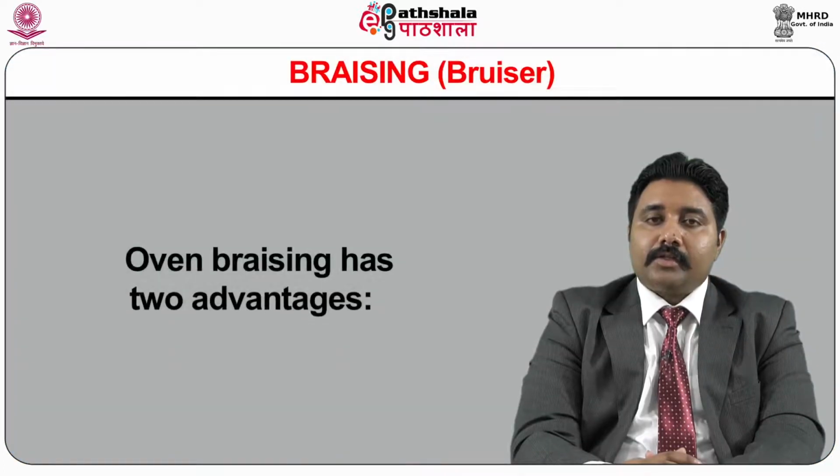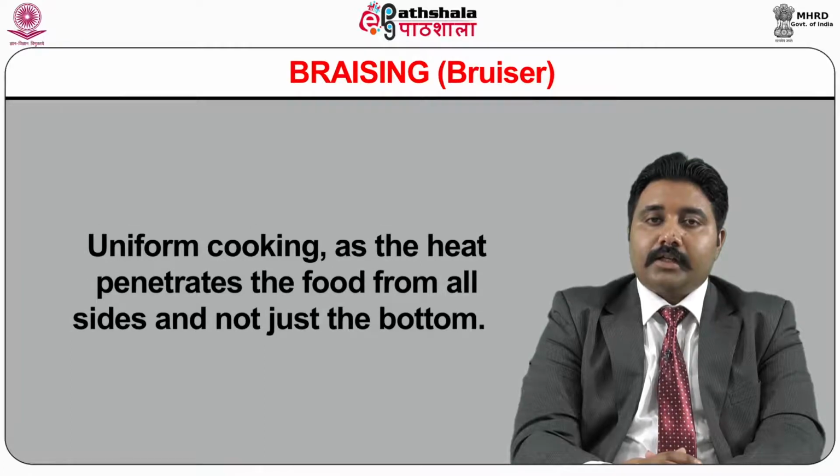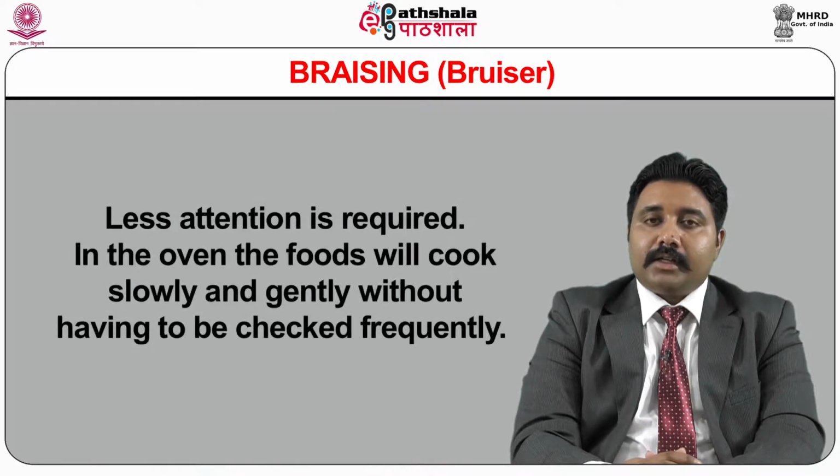Braising is done on the range top or could even be done in the oven. Oven braising has two advantages: uniform cooking, as the heat penetrates the food from all sides and not just the bottom; and less attention is required. In the oven, the foods will cook slowly and gently without having to be checked frequently.